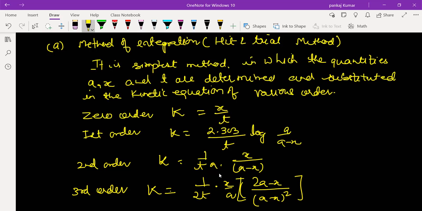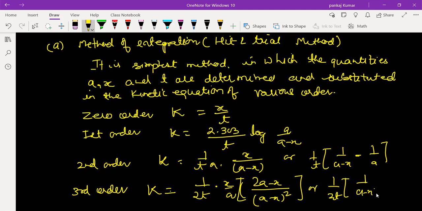Or we can write 1 by t equal to 1 by a minus x minus 1 by a. And here also we can write 1 by 2t is equal to 1 by a minus x whole square minus 1 by a square.